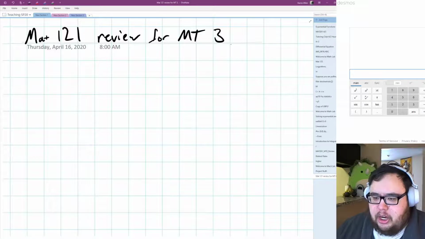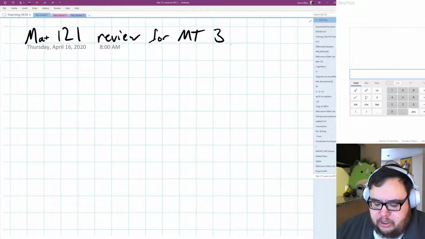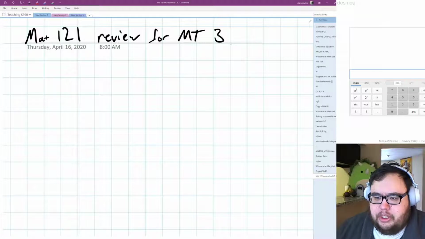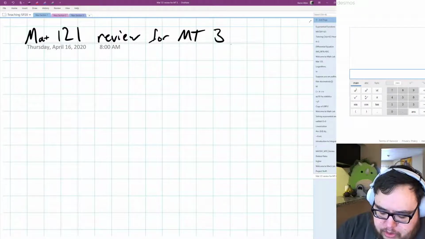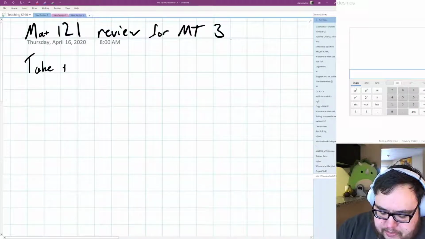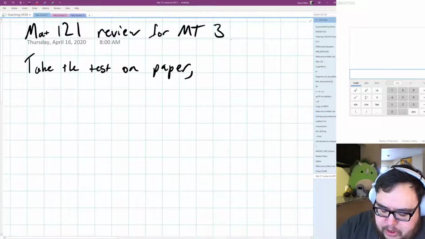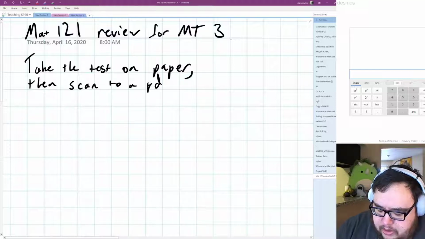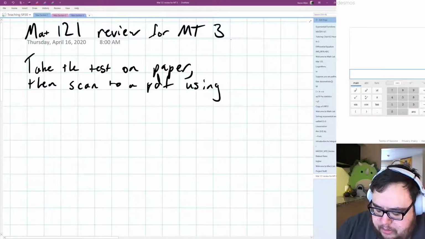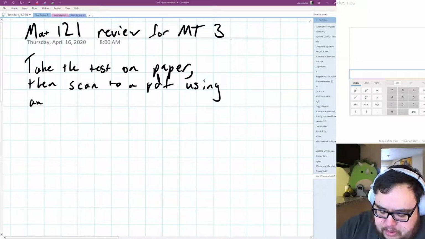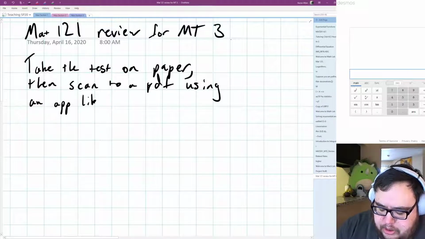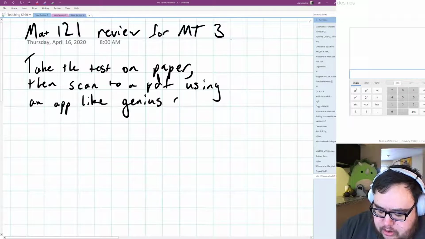Probably the easiest option for you is to take the test on paper, then scan to a PDF using an app like Genius Scan or Google Lens.